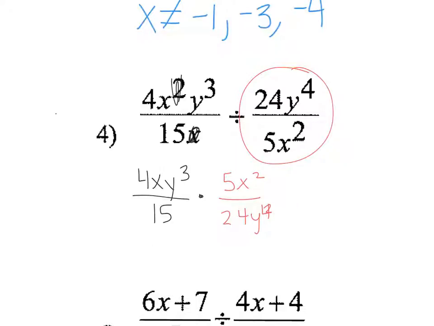So what I mean is, instead of multiplying 4 times 5 and getting 20, and then multiplying 15 times 24 and whatever that is, and then reducing, I would look for common factors right now.